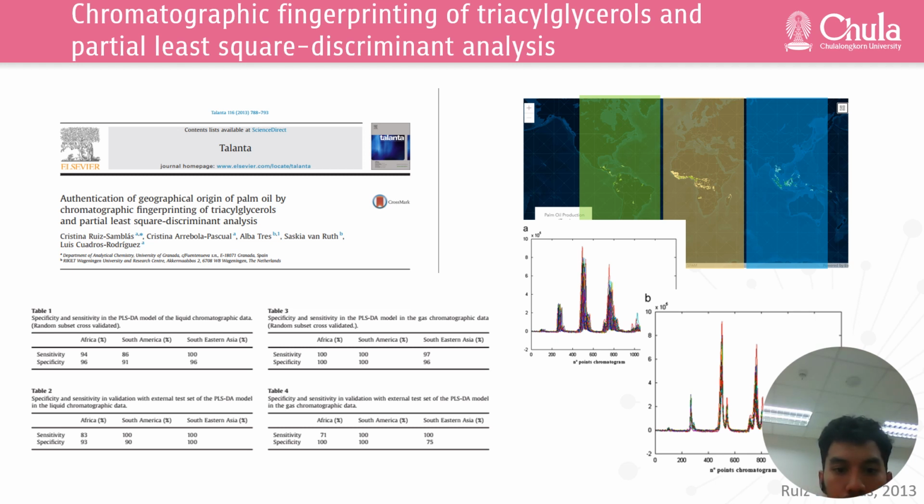They used HPLC to see the TAGs from the different geographical origins of palm oil and compare them, and then they put it on the PLS-DA, and they also found a promising result. But both of these two studies are at the continent level. So after this, we may need to look for one that has a more specific location of origin.